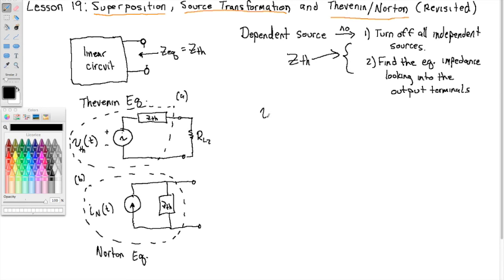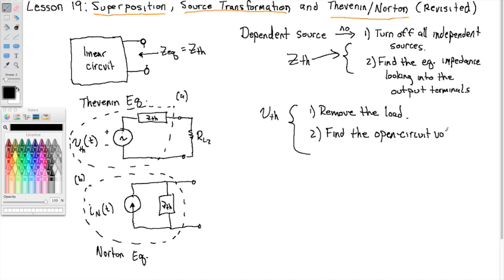To find the Thevenin voltage, we're going to remove the load and find the open circuit voltage at the output.